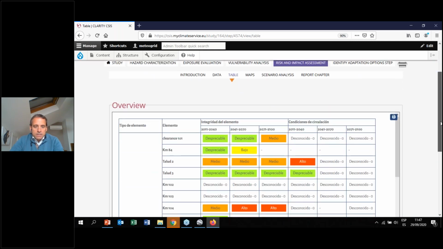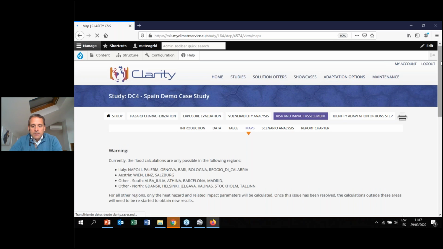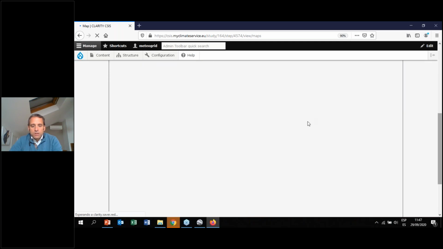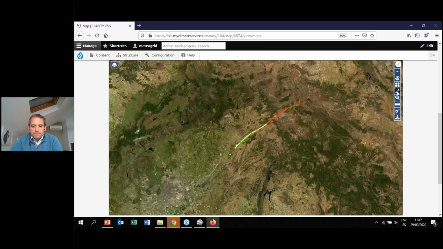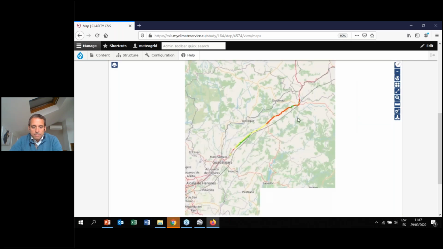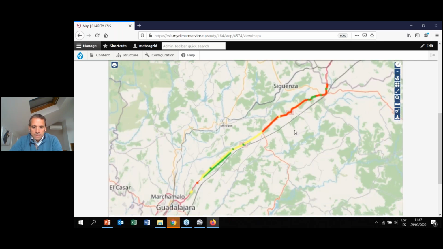Again, the system allows us to plot the results in a table, or we can have a look at the track. I'm going to plot the other map where we have a better view of the system.